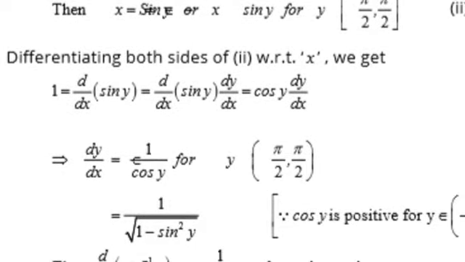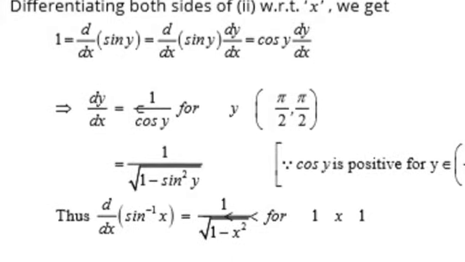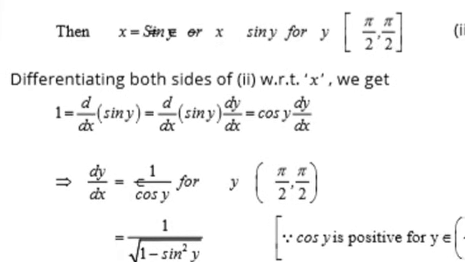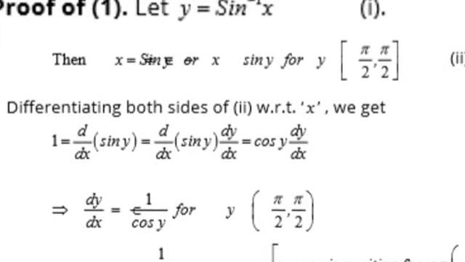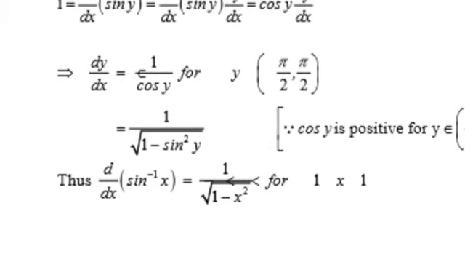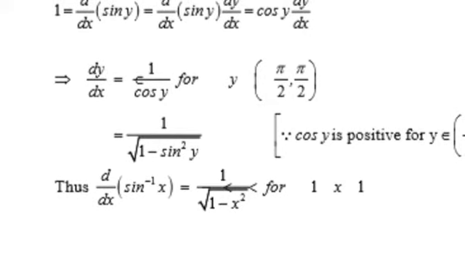We can write cos y equal to the square root of 1 minus sine square, because cos square plus sine square is equal to 1, so cos square is equal to 1 minus sine square. Because we have no square on cos, we write the square root of 1 minus sine square, and sine y is equal to x. We put this value here, so the derivative of sine inverse x is 1 over the square root of 1 minus x square.